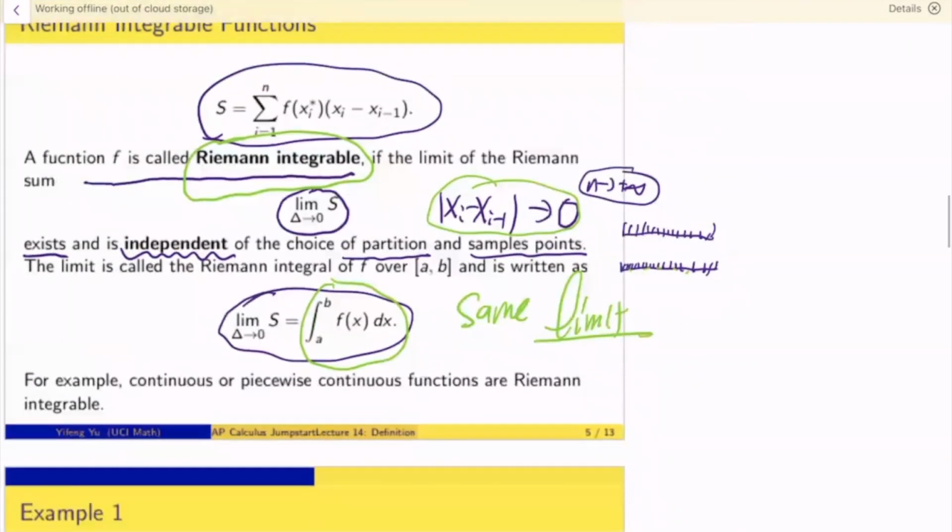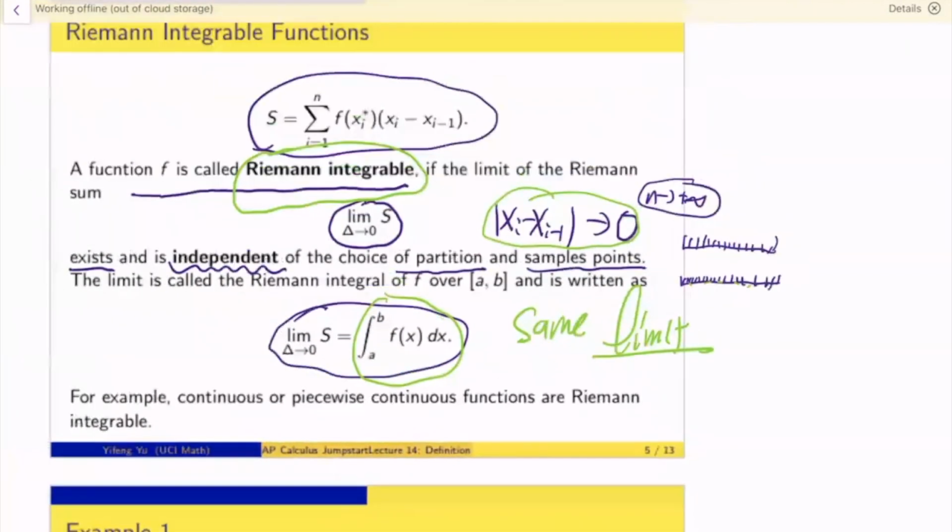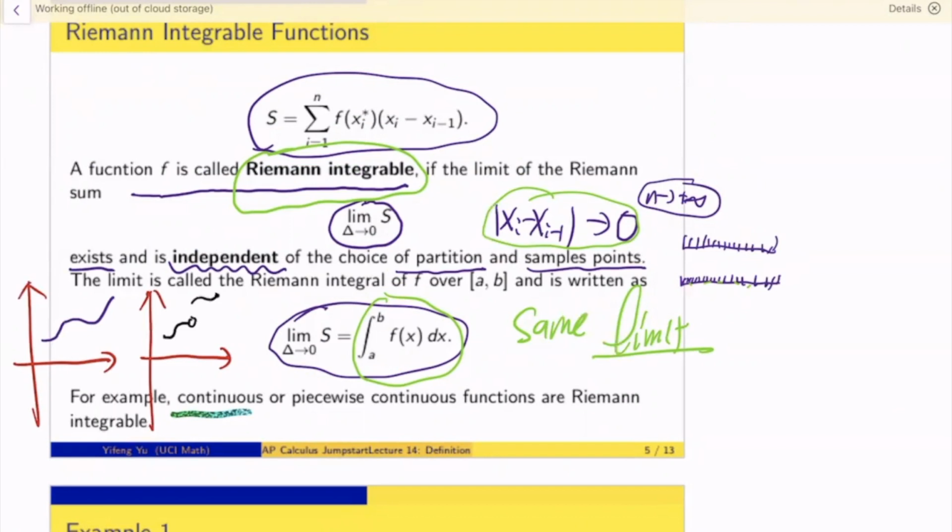And then you may be asking, how do you know this is going to happen? Well, the good news is we have some theory to guarantee it if the function is continuous, or piecewise continuous, which means you allow jump discontinuities at several points. That's fine.